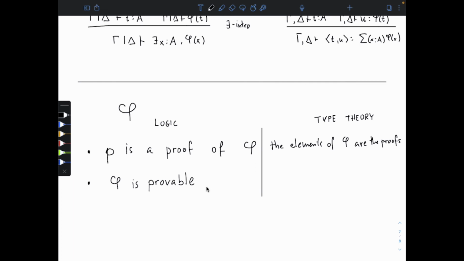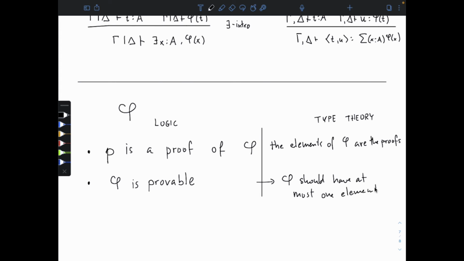To say I study proofs of phi means, of course, I will distinguish different proofs. But to say I study whether phi is provable means I don't care what the proofs are. I just care that there are proofs. They're all equal to me because I'm only interested whether they exist. So this means that phi, as a type, should have at most one element.